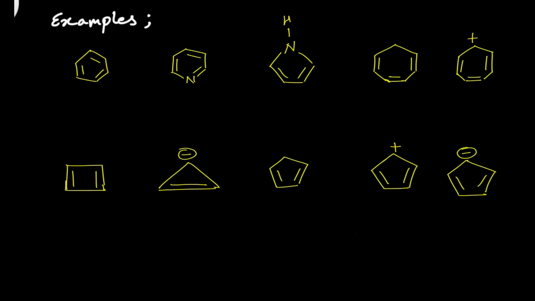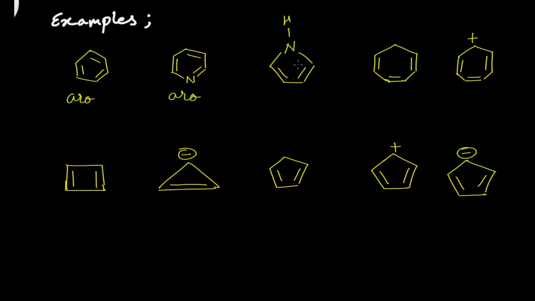Now these are the examples. Just tell which one is aromatic and which one is non-aromatic, or just focus on aromatic compounds. You can pause the video and then tell. Now the first one is definitely aromatic, benzene. The second one is aromatic, right?